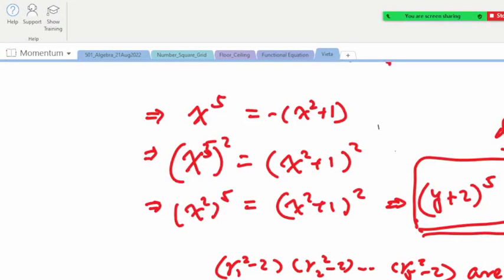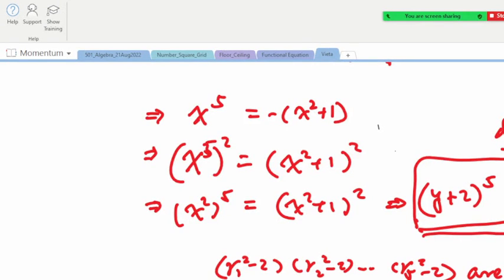Okay, now it asks us to solve what? The product of the 5 roots, right? This one equals basically negative 1 power to the what? How many terms are in this product?